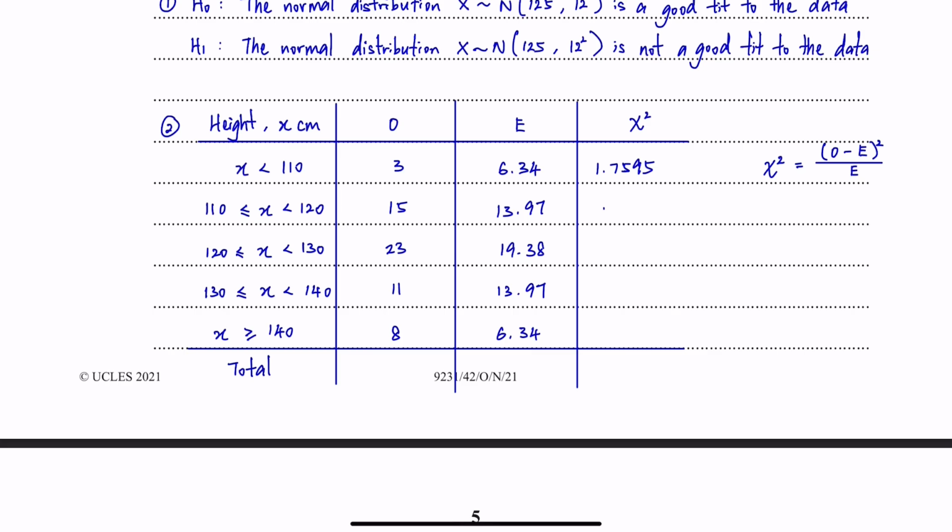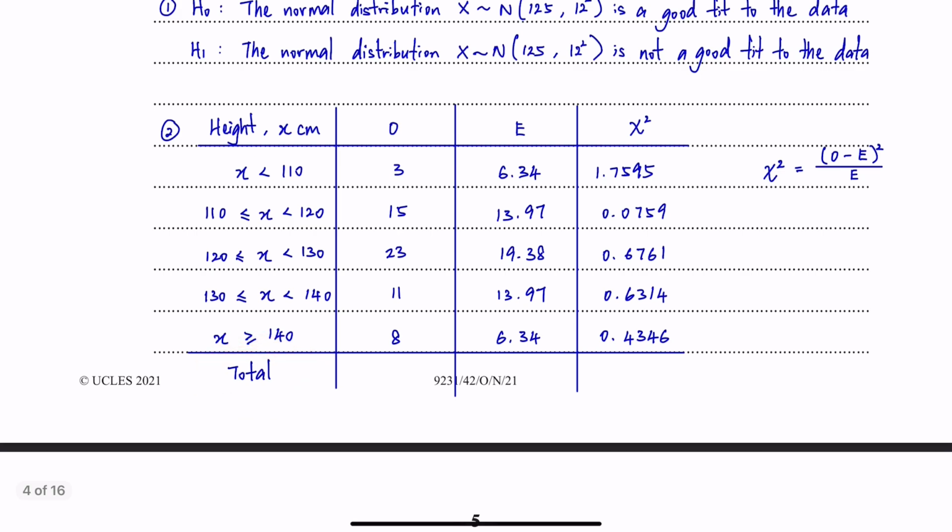And for the second row, we get 0.0759. Third row would be 0.6761. Fourth row, 0.6314. Fifth row, 0.4346.